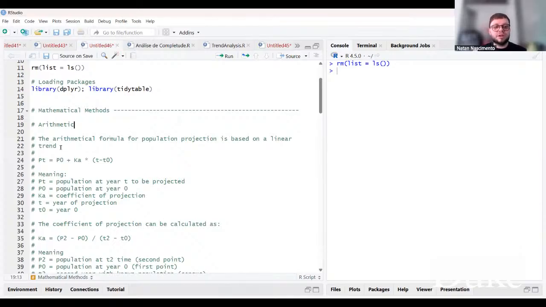So the arithmetical formula is based on a linear trend. This means that if it's 1 today, tomorrow will be 2. The next day will be 3, and the day after will be 4. This is a linear trend. And this assumption is basically what we do for almost everything, because arithmetical is usually what we do when we don't know anything.